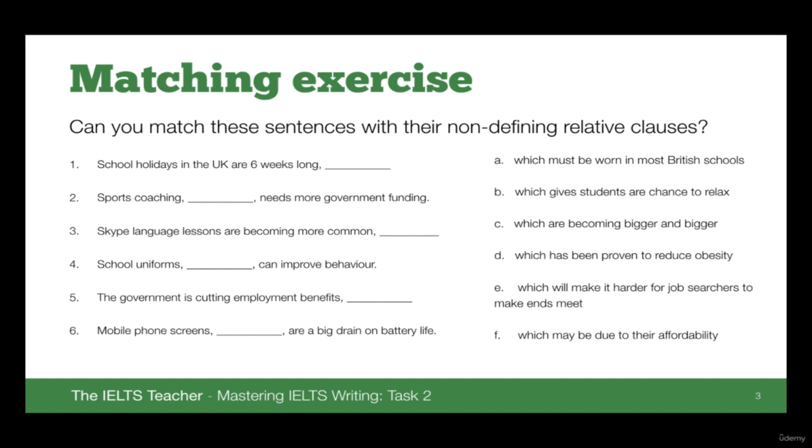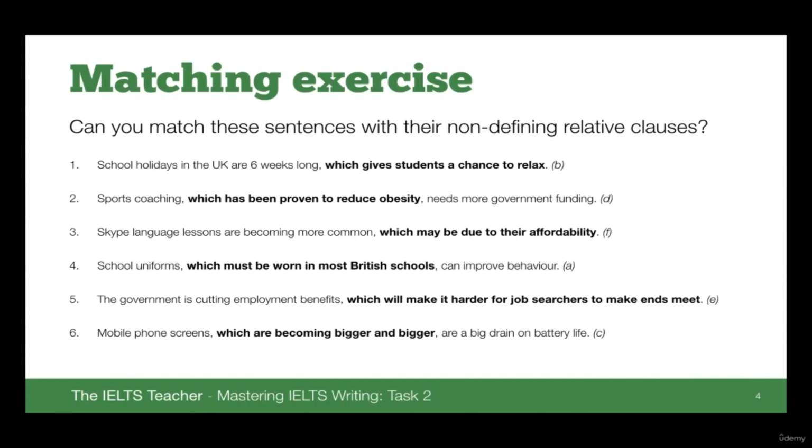Okay, so let's have a look and see if you have the correct answers. As you can see, here are all the answers here. School holidays in the UK are 6 weeks long, which gives students a chance to relax. So what we're doing here is we're giving more information about the whole expression. School holidays in the UK are 6 weeks long.